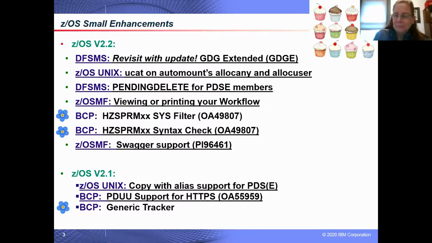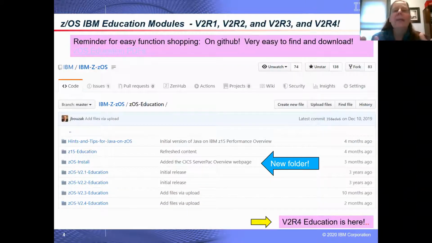All right. So let's go to where I pick all this stuff out of. I pull this all out of some of the education modules that we've had, and you may not even know this exists. So I did want to give some advertisement to it. On the IBM z/OS GitHub location, there's something called z/OS install, education, and it's all underneath this education folder. And you can see it's broken out by releases here.